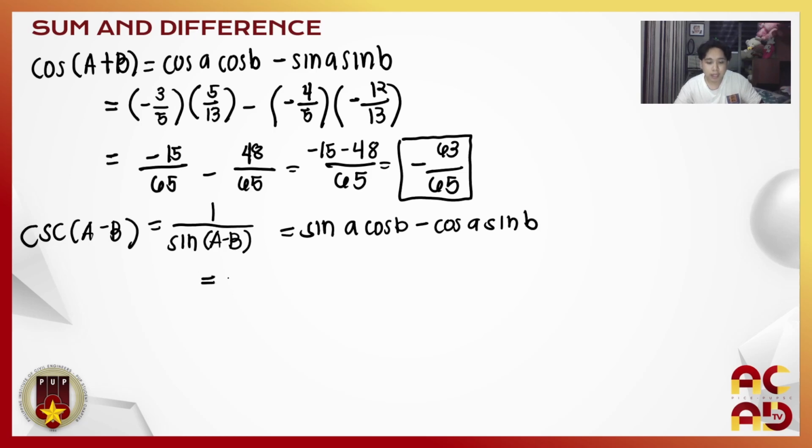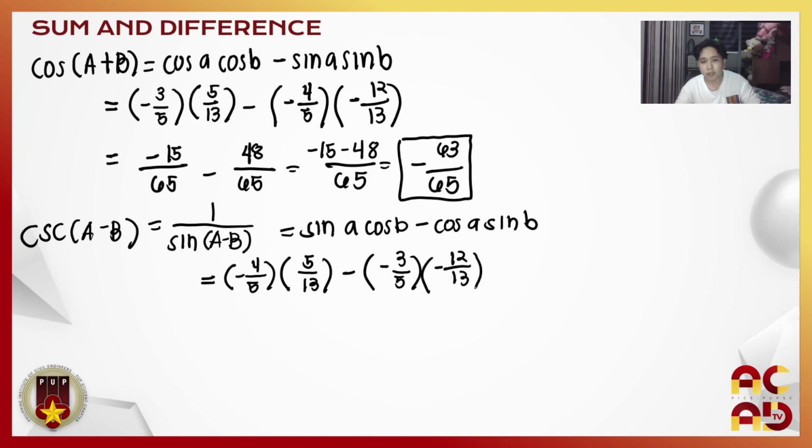Yung sin A natin, which is yung negative 4 over 5. And then yung cosine B natin na 5 over 13. And then minus natin yung cosine A natin na negative 3 over 5. And then yung sin B natin na negative 12 over 13. Ayan. Then after that, numerator times numerator, then denominator times denominator.